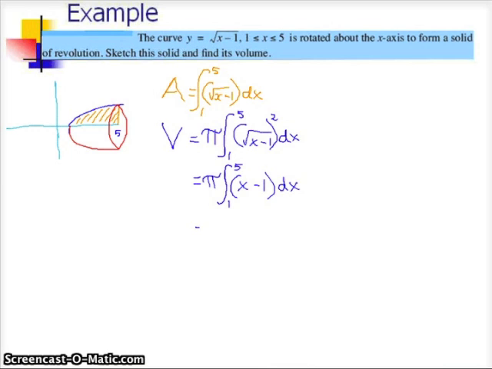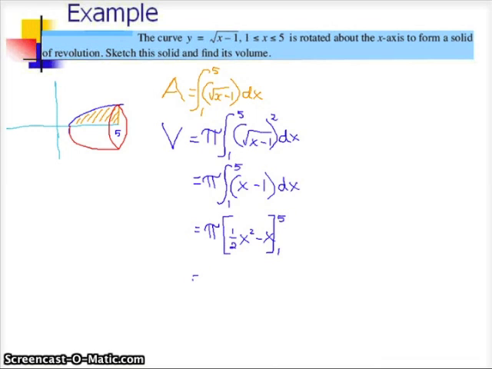Okay, so now we can take the definite integral. So pi continues to stay out the front. We do our square brackets, and now we need to integrate, so x is going to become a half x squared, minus, and 1 of course is going to be x, and our boundaries are 1 and 5.